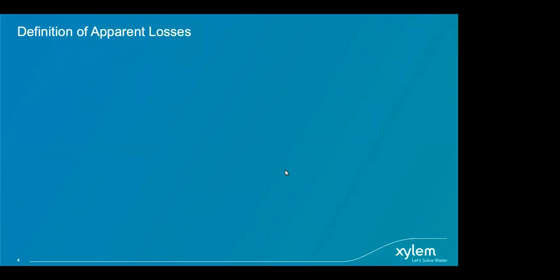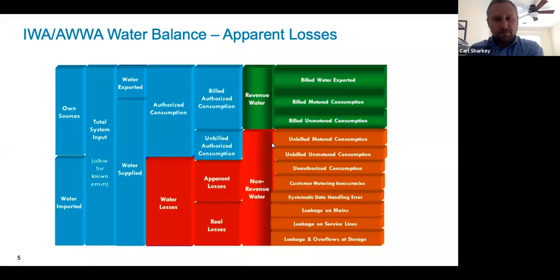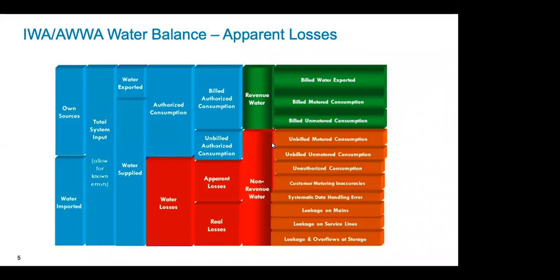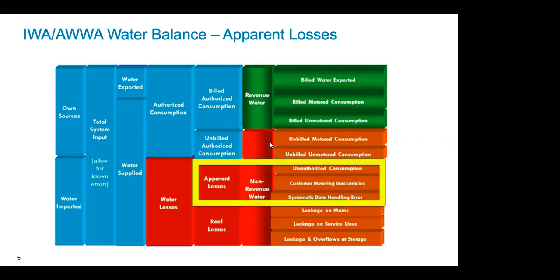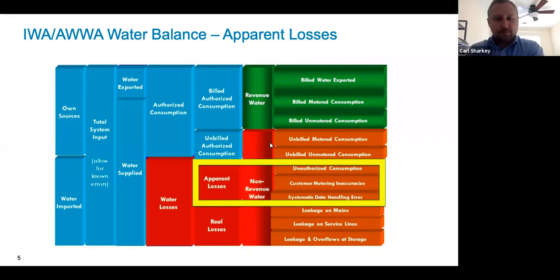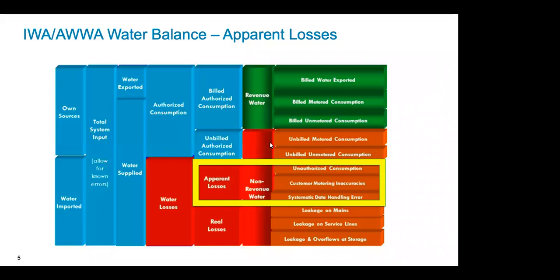First of all, let's have a quick review of what apparent losses are. This table is probably familiar to most of you, if not all of you. Tonight we're going to be focusing on the apparent losses, and in particular the apparent losses due to metering inaccuracies.